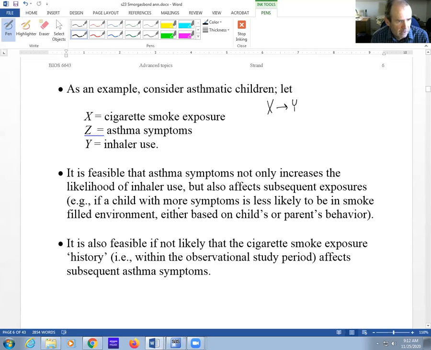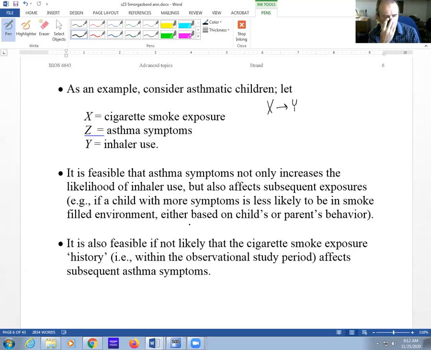For example, a child with more symptoms is less likely to be in a smoke-filled environment, either based on their own decision, they don't feel well, so they're not going to be put in a situation where they're exposed to smoke, or the parent is aware the kid's not feeling well, so they make a stronger effort, if they smoke, to smoke outdoors or something like that. It's also feasible, if not likely, that cigarette smoke exposure history affects subsequent asthma symptoms.